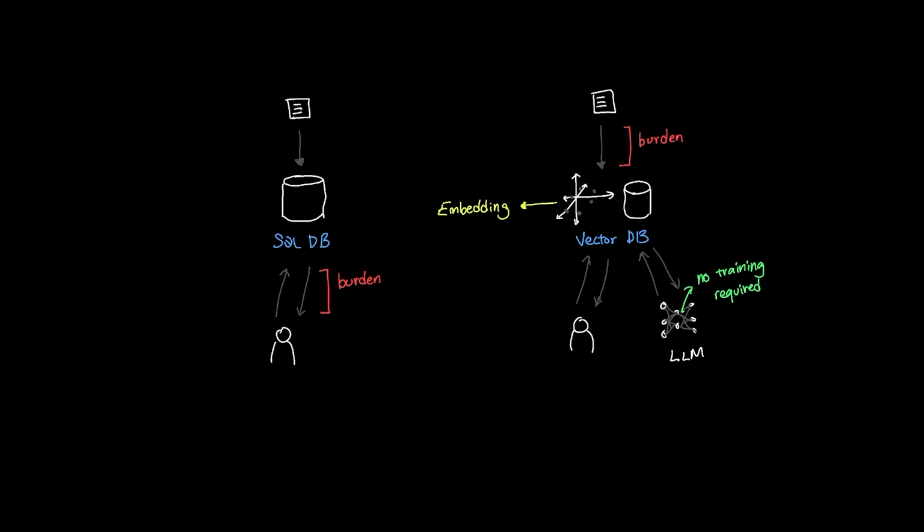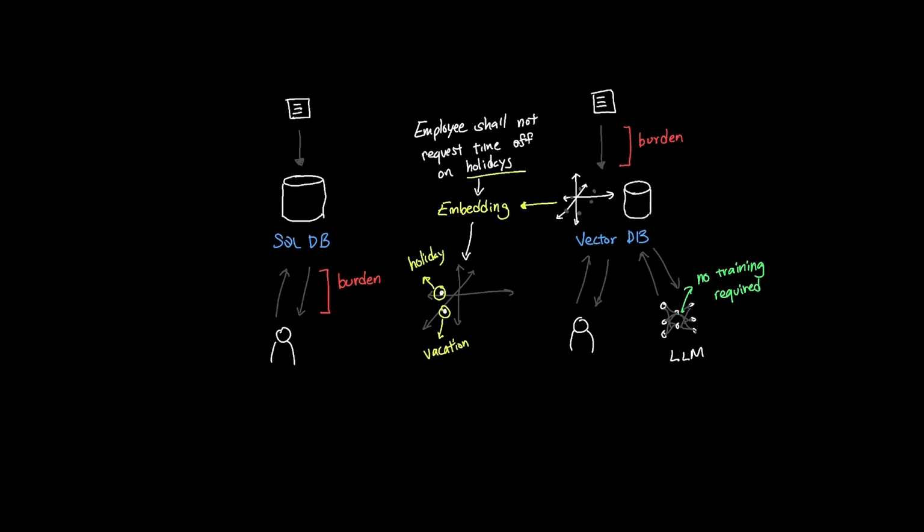For example, the words holiday and vacation should semantically share a similar space since the meanings of those words are close to each other. So before the sentence, "employee shall not request time off on holidays," in the document is added to the database, the system runs it through an embedding model, and the embedding model converts that sentence into a long vector of numbers. And when you search the database, you are actually comparing these vectors.